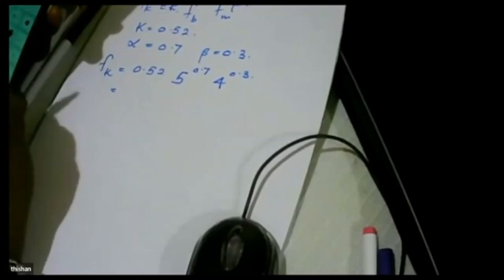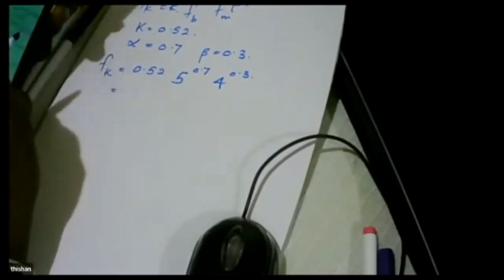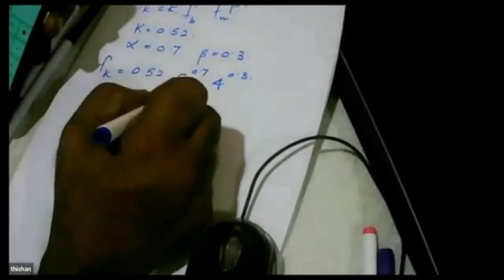So the characteristic strength that we get is, the advantage of Eurocode, because it straight away gives an equation that allows us to calculate the strength of masonry, multiplied by 4, so this comes to 2.43 newtons per millimeter square.